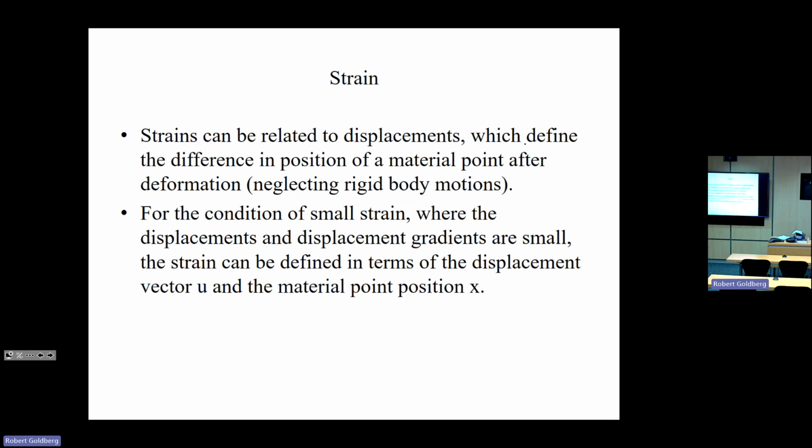So for the conditions of small strain, which is exclusively what we'll be dealing with in this course, where the displacements and the displacement gradients, the changes in displacements, are small, we can define the strain in terms of the displacement vector u and the material point position x.